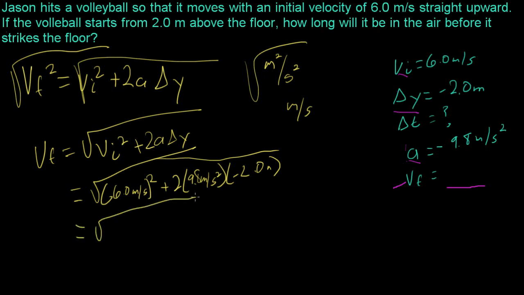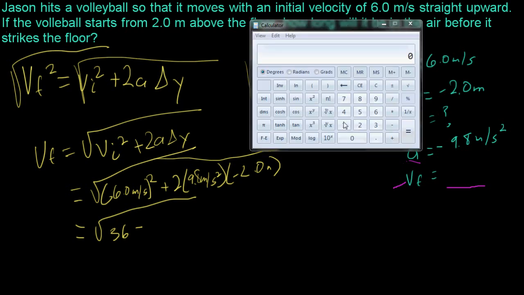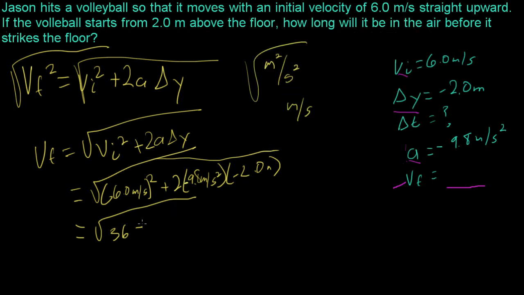So, alright, continuing, what do we get? 36, this could be minus 9.8 times 4, so let's see. 9.8 times 4 is 39.2. That's plus. So that doesn't make sense, but it's plus. Oh, but it is minus. Ah, but our acceleration is negative, so it is plus.